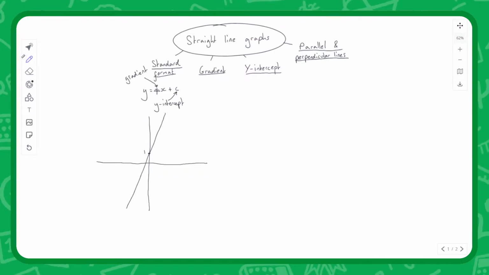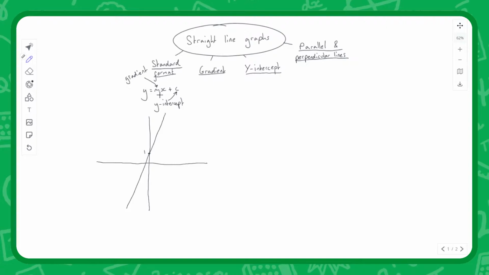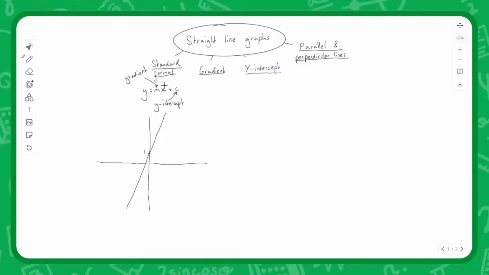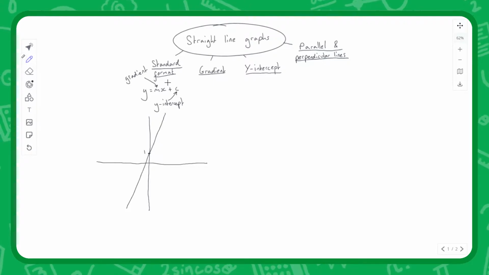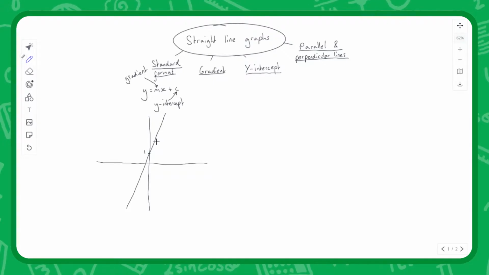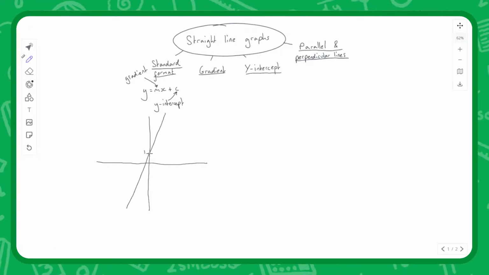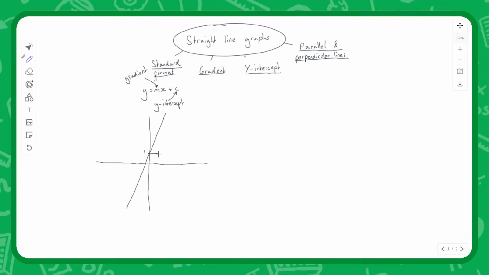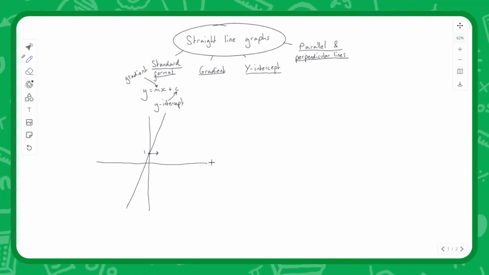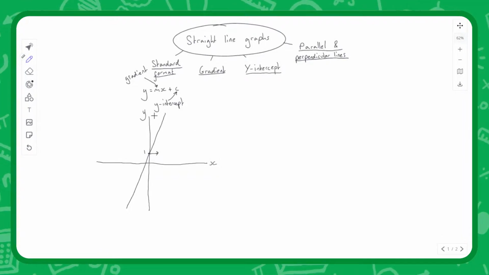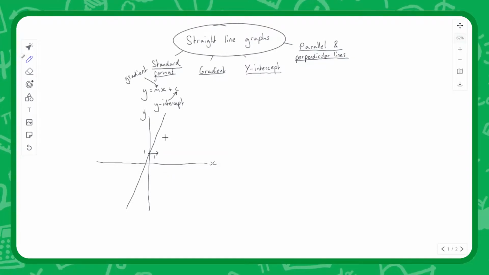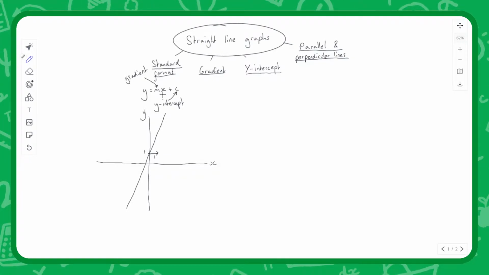The gradient is a bit trickier. If we were to actually look at what's going on in this equation, imagine if I increase x by 1, right? Say I start at my intercept, and I increase x by 1, so I move along my x-axis. This is my x and my y-axis. If I move along 1 in the x direction, let's say m is equal to 2.